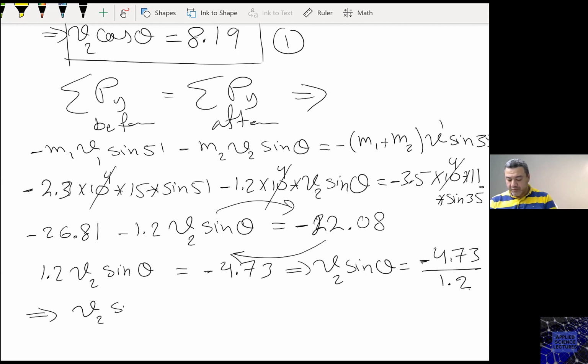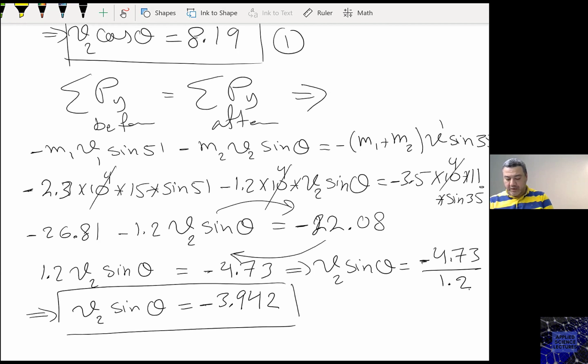V2 sine theta equals minus 3.94. Okay. So this is equation number 2.